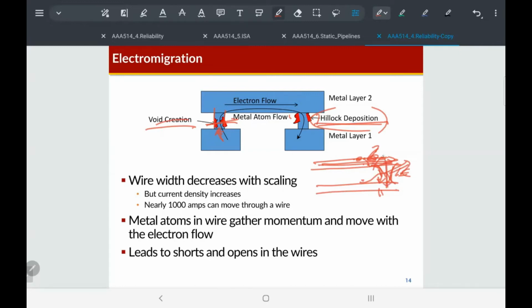So this is a short of the circuit. That can be a critical issue. Either the metal wire is cut off, or two metal wires touch each other, so it causes a short in a circuit. Okay, so this is the electromigration issue.